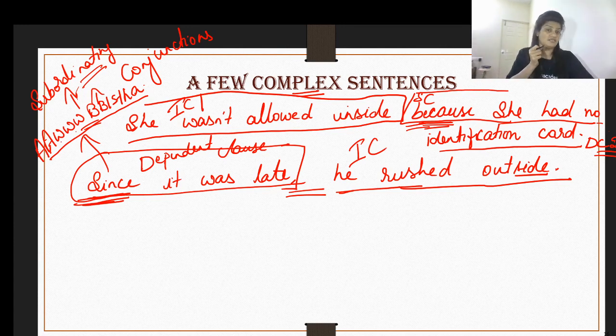So there you have it: since it was late is your dependent clause, since is your subordinating conjunction, and you have your independent clause, and this is our complex sentence. Since can also be replaced by as, and you can also replace it with because. So all these three conjunctions can be used interchangeably in this particular place.